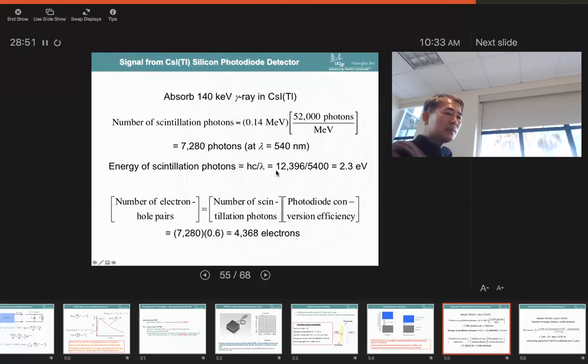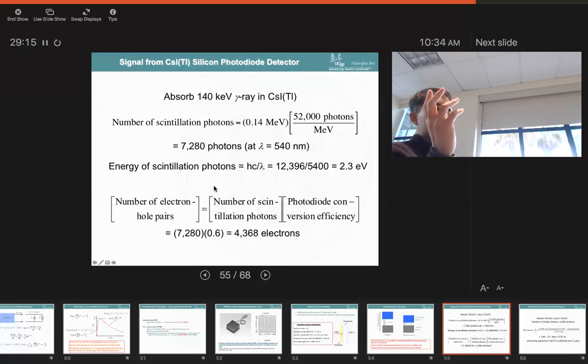Doing that, one single high energy 140 keV photon from technetium-99m generates about 2.3 electron volts of energy from the cesium iodide scintillator. That's what we calculated here.